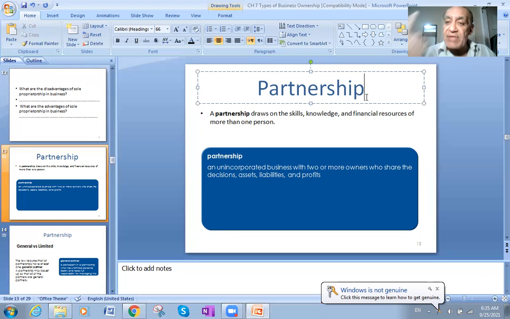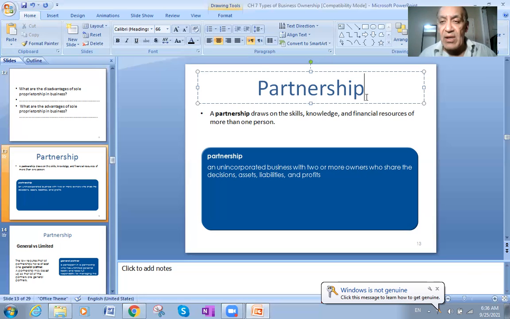So 100,000 divided by one person is 100,000. This is the sole proprietor. But if there are 4 partners and the same losses of 100,000, then each person will pay only 25,000, which is less than 100,000.